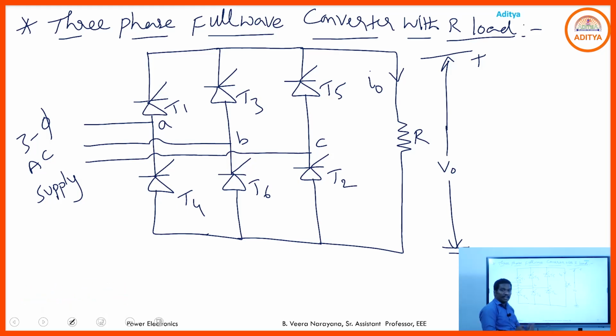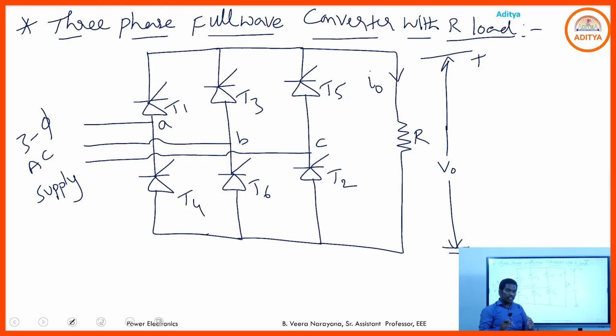The circuit diagram consists of 6 ideal SCRs which are numbered T1 to T6. Here T1, T2, T3, T4, T5 and T6, the numbers are assigned to the respective SCRs depending upon the sequence of triggering of the SCRs.